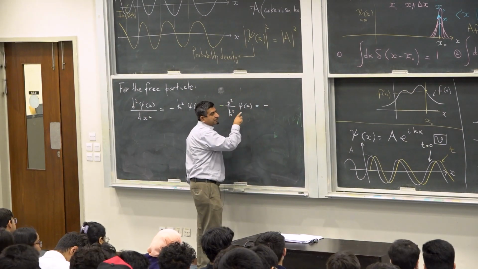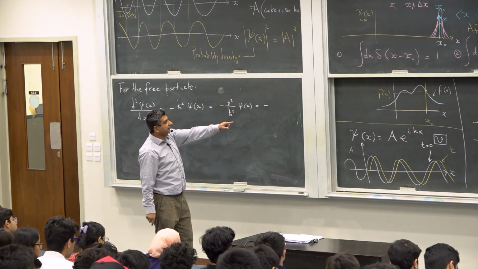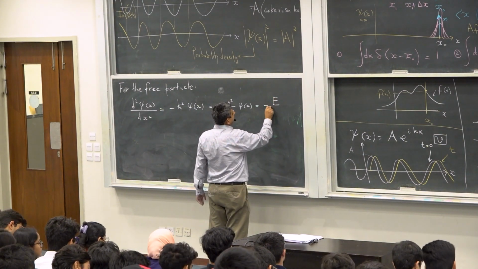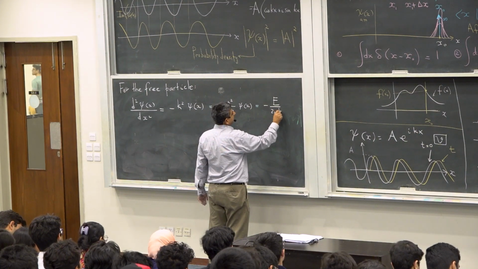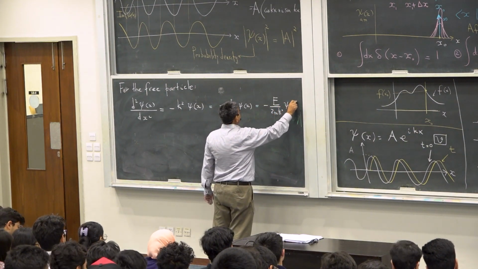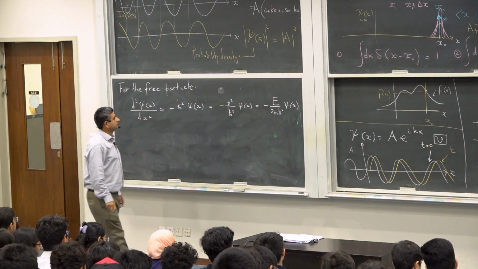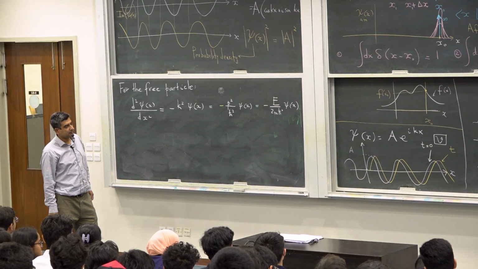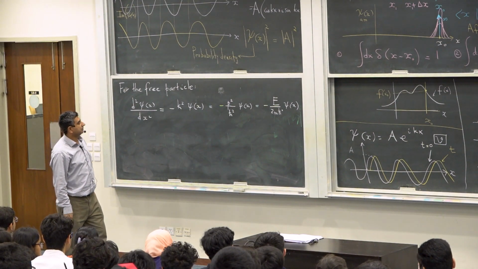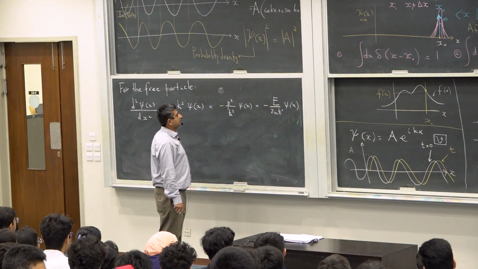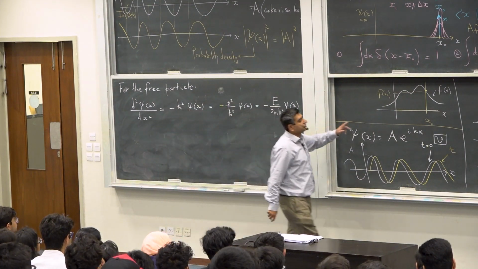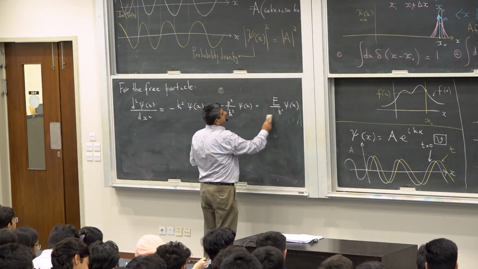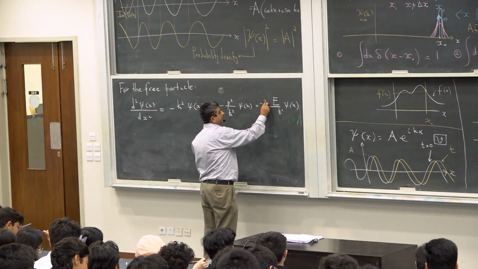What is the relation between E and p? p square is 2mE. So this is minus 2mE over h bar square psi of x.